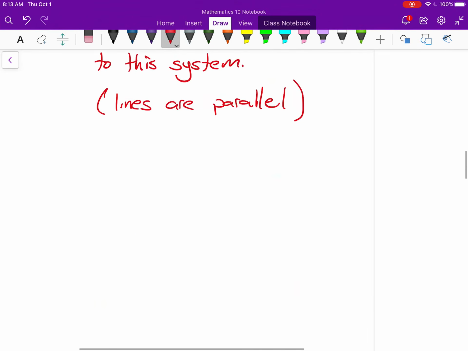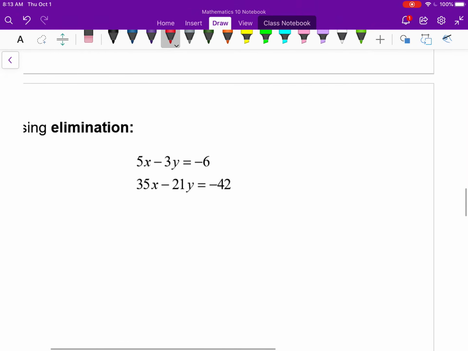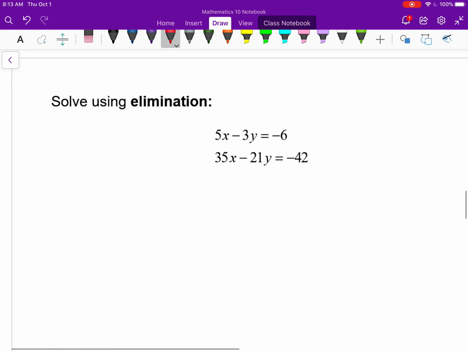And so here's the last question, another sort of special case. Okay, so I want to find a way using elimination from how it's set up to cancel out a variable. I can see if I multiply my top equation by negative 7, my x's will cancel out, and so will my y's. Okay, so let's see what happens this time.